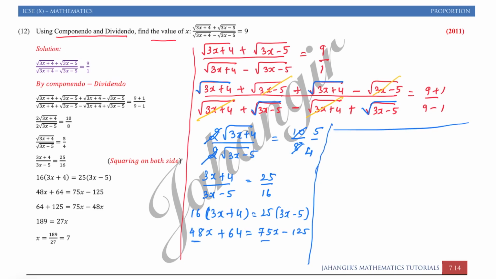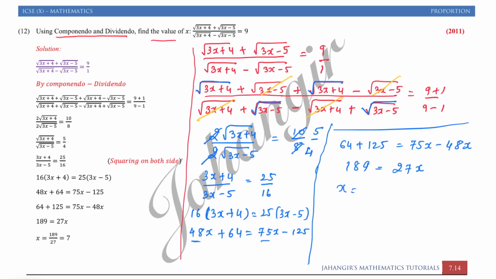So I can write 64 plus 125, that is equal to 75x minus 48x. 189 is equal to 27x.